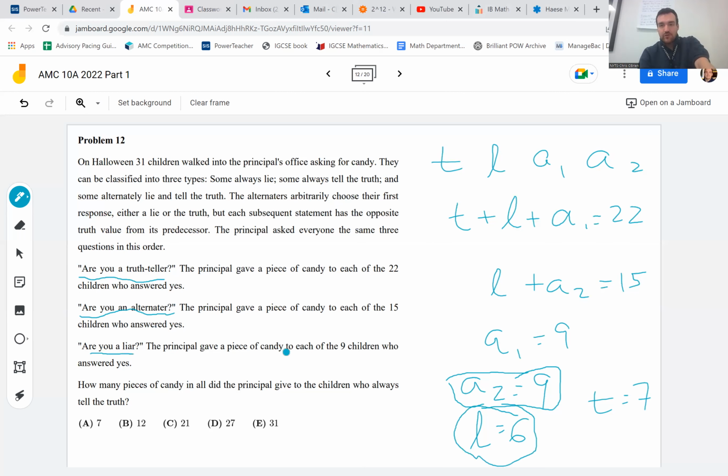And then the last one asks, are you a liar? Well, who's going to say yes to that? The liars would say no. Truth tellers would say no. If you're an alternator who's telling the truth on the 3rd time, you're going to say no because you're not a liar.